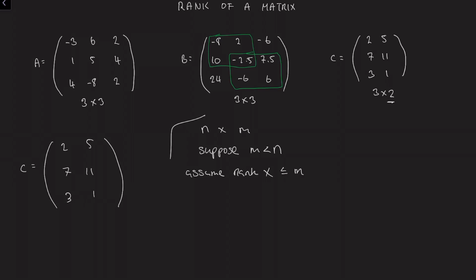Okay, so this is the general rule for an n by m matrix, which is what we have for C. So what we basically have to do here is assume that the highest rank C can physically be is 2, because we have 2 columns. So you basically look at the smallest row or column. So let's say it was a 2 by 3. You look at the rows and say, because it's a 2 by 3, the highest rank we can physically have is 2. So no matter whether it's a row or column, the smallest number always takes priority over the larger number, and that is what we will assume the maximum rank of that matrix can be.